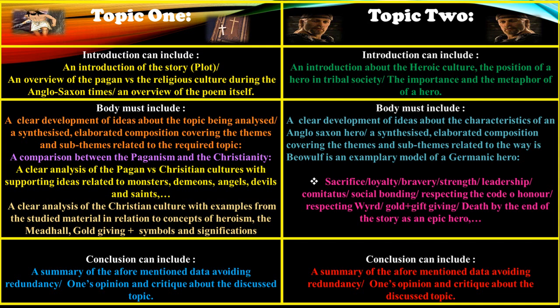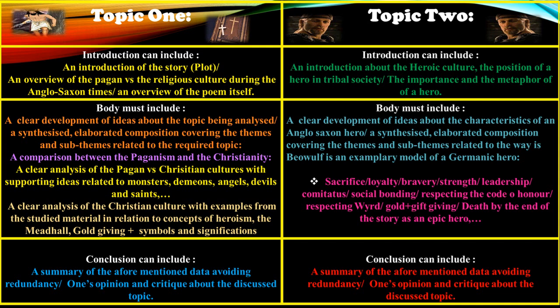You will also show the relation of this hero to the concepts and values of sacrifice, loyalty, bravery, strength, comitatus, social bonding, the code of honor, wyrd, gold and gift giving, and highlight all that with the death and the reason behind the death of an epic hero by the end of the story.